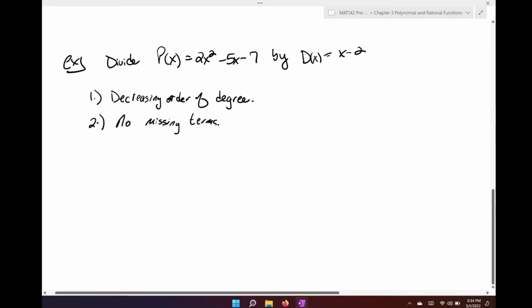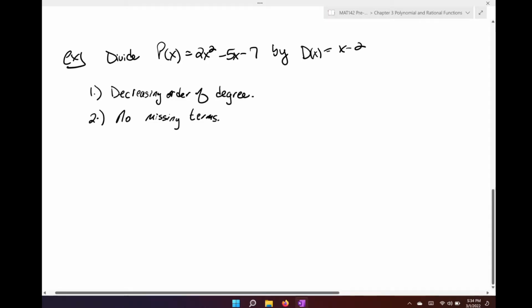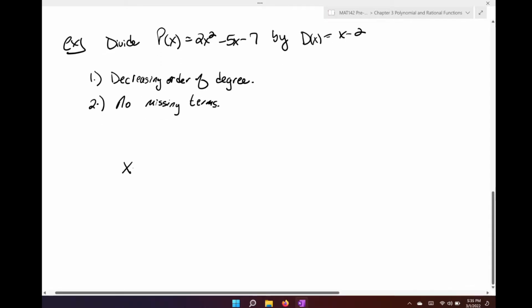If you look at p of x, we have 2x squared minus 5x minus 7. That decreases in order and there are no missing terms. And the same applies for d of x equals x minus 2. So we're just going to set this up using long division.